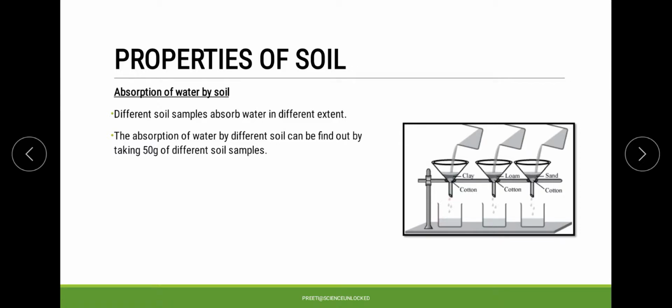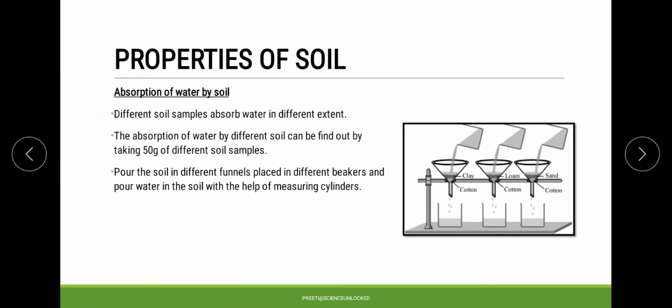We simply take these funnels and put them in a stand so that we can check them all together. Put the cotton plug at the bottom and then the sample of soil. This sample should not be more than 50 grams, because absorption is always measured with reference to 50 grams of soil sample.